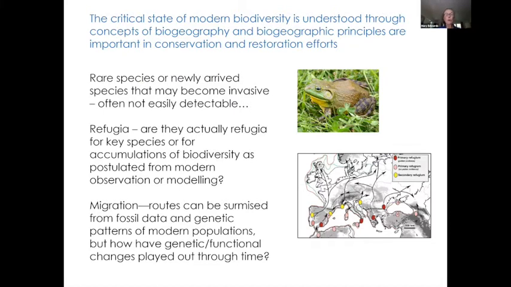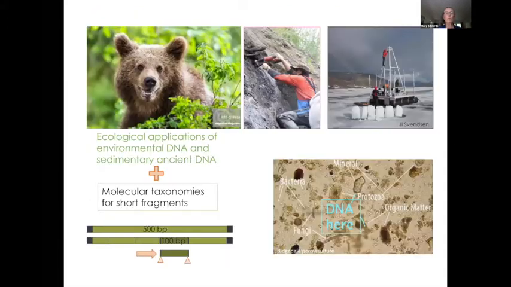And then following on from that, migration, say, out of refugia or due to environmental change like climate change, we can now, from genetic patterns and combining with fossil data, postulate the places that migrating organisms moved through, but can we actually see what happened to their functional genetics as such changes played out through time? So I think these are some of the questions that in some cases DNA can help answer.